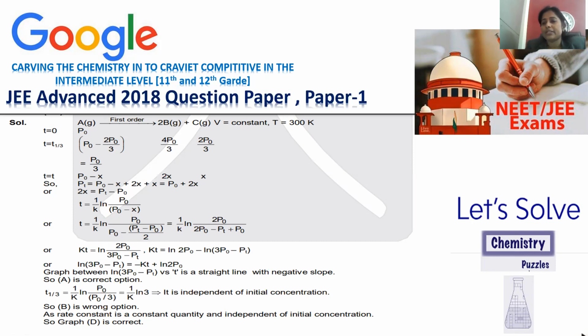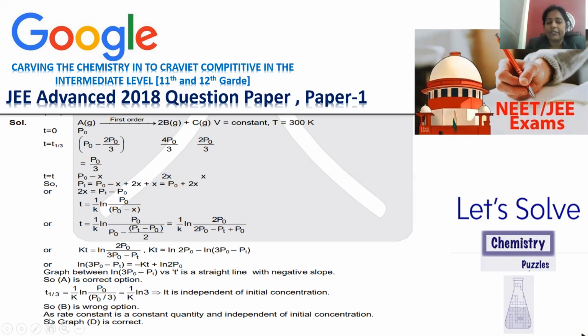So 75% time if completed, then 15 minutes, 15 minutes, 15 minutes, 15 minutes. For 15 minutes if present, then only we can say 1 hour. Okay. 30 minutes, 30 plus 15, 45 minutes if completed, that is called T1 by 3.